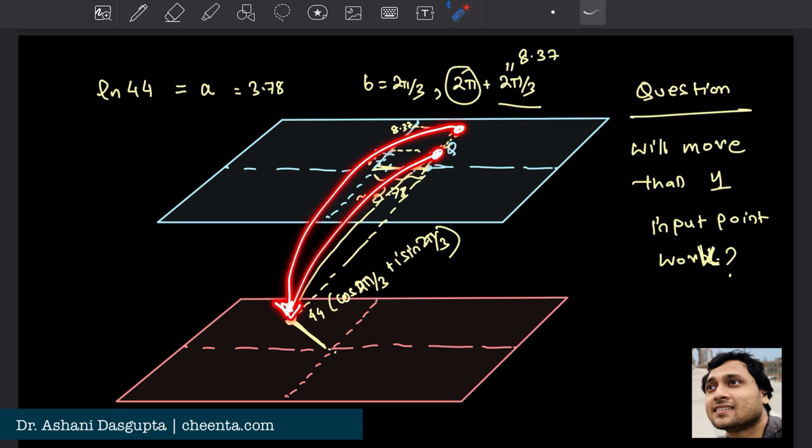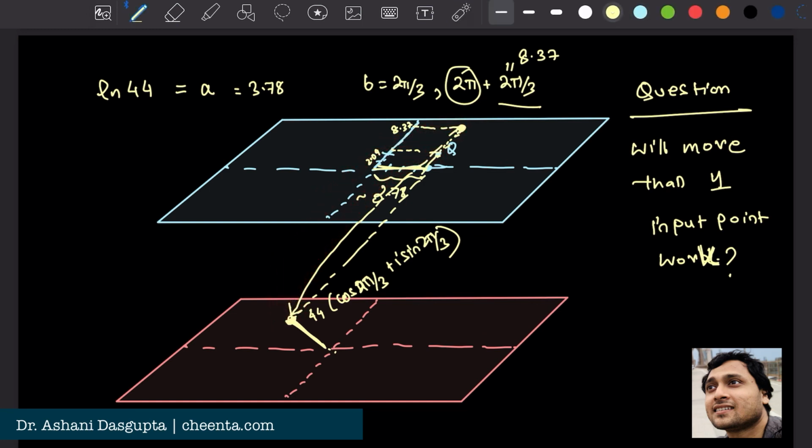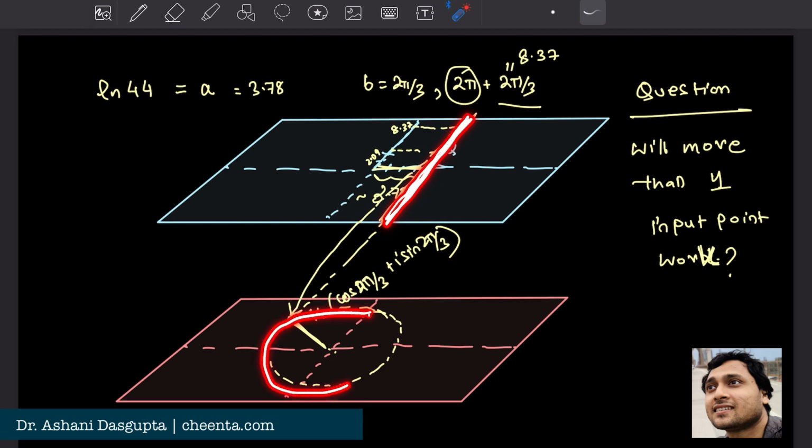And now you can see the pattern. This entire vertical line, this line is an infinite line. It will keep on wrapping around this circle of radius 44. This is very important to understand because it's a very beautiful visualization. This line in the input complex plane gets continuously wrapped around this circle.